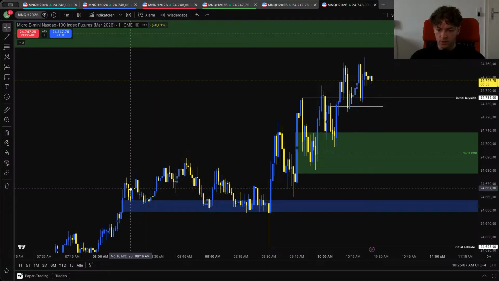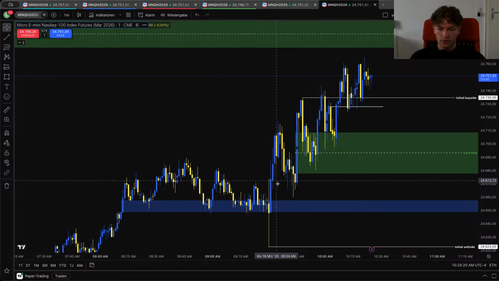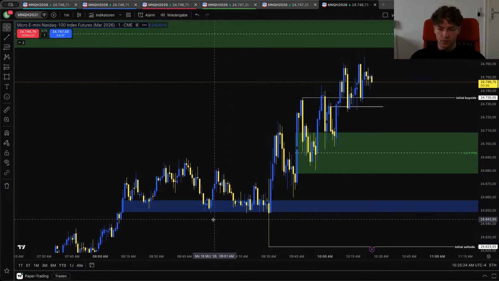If you look at this here, price action at 8:30 didn't really happen too much. Basically just consolidating, moving sideways. 9:30 opening, manipulation lower, manipulating only minor sell side.